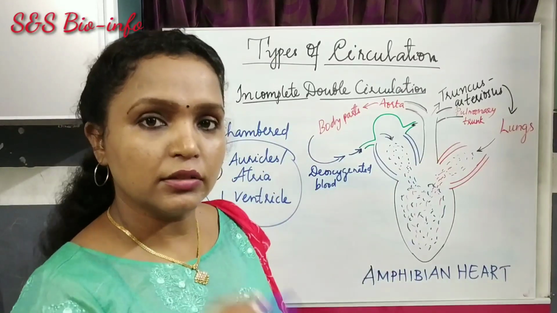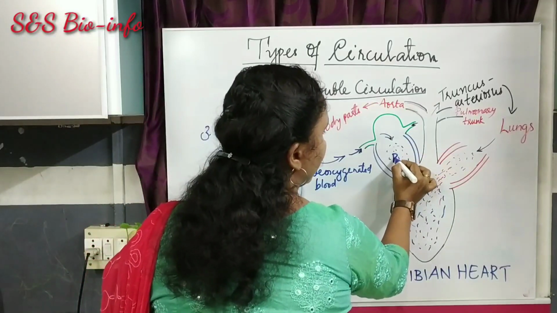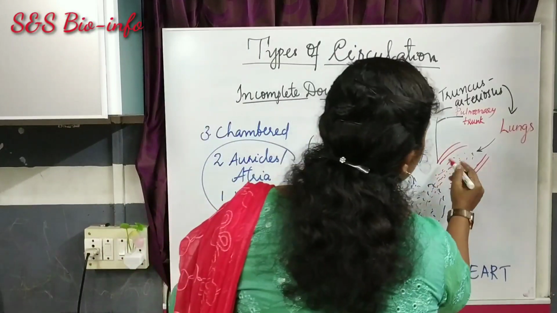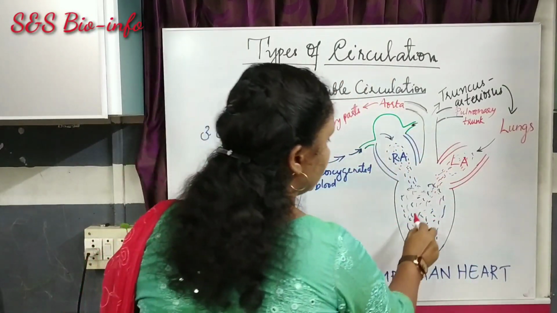So these are the three chambers. Look at the diagram. This is the right atrium. Here it is the left atrium. Here you can see the ventricle.